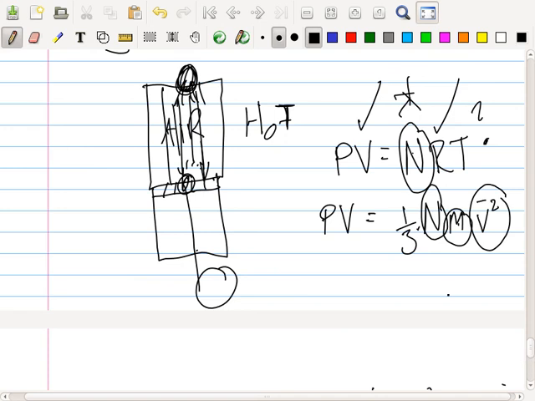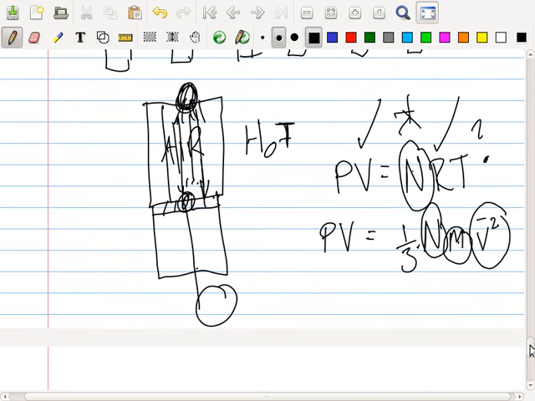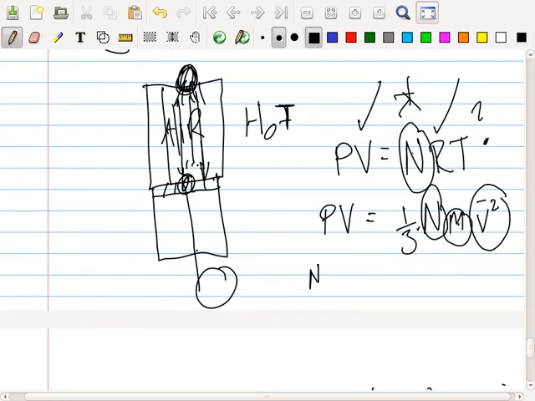We know volume. Do we know density though? Why don't we just equal them so that the big n's go? Yeah, I'm thinking that. If I make these equal, I can say nRT equals 1 over 3 NmV squared. So the n will go, so this will go with this.